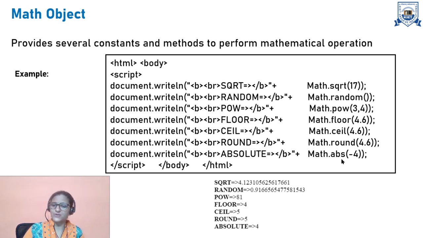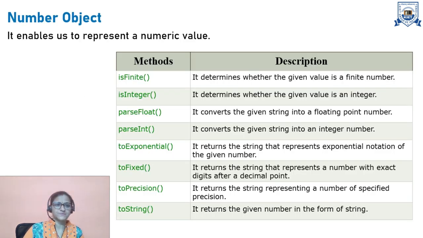In case of absolute, it doesn't provide the value as any negative number. So if we have provided any negative value, it will convert into a positive value. So abs of minus 4, it will return 4. ABS function. So these are the several methods that are provided with the Math object.